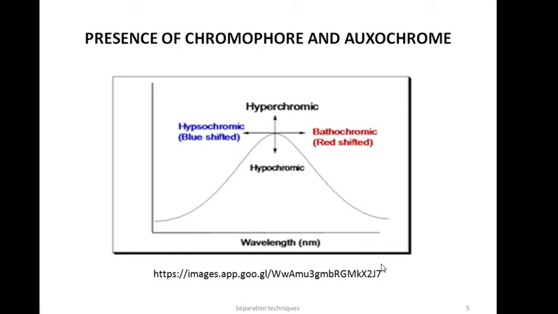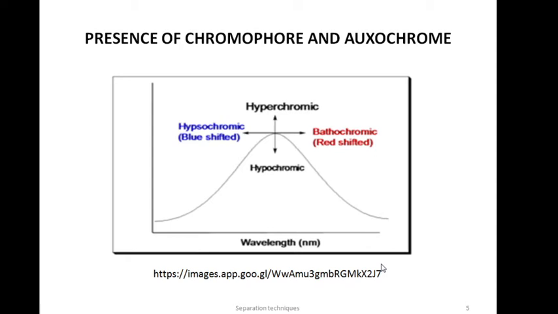A chromophore is a substance which imparts color to the particular compound, right? For example, when you do nitration of benzene, you get nitrobenzene. Benzene is colorless, whereas nitrobenzene is light yellow in color. This light yellow color is imparted because of the introduction of a chromophoric group.